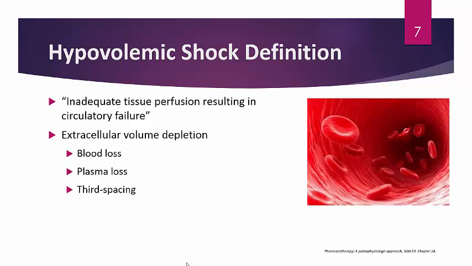What third spacing is, essentially, is a shift of bodily fluids from your intravascular space to what's called the interstitial space. So these are spaces where blood shouldn't necessarily be flowing, and the interstitial space is something that doesn't necessarily govern things like blood pressure, which involves your intravascular space specifically, or within the vasculature.